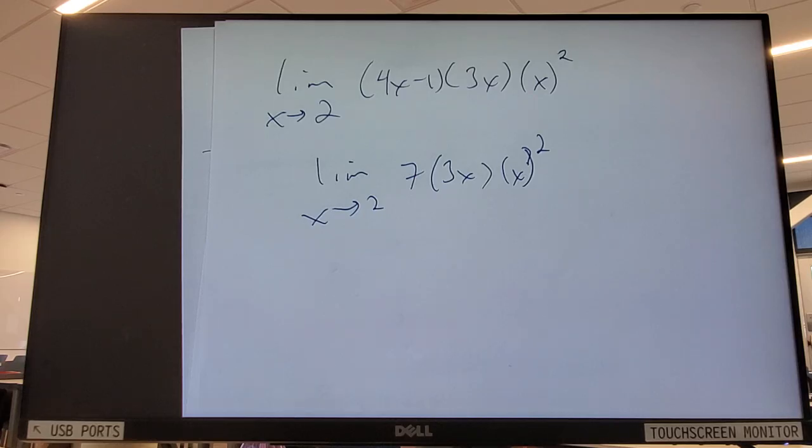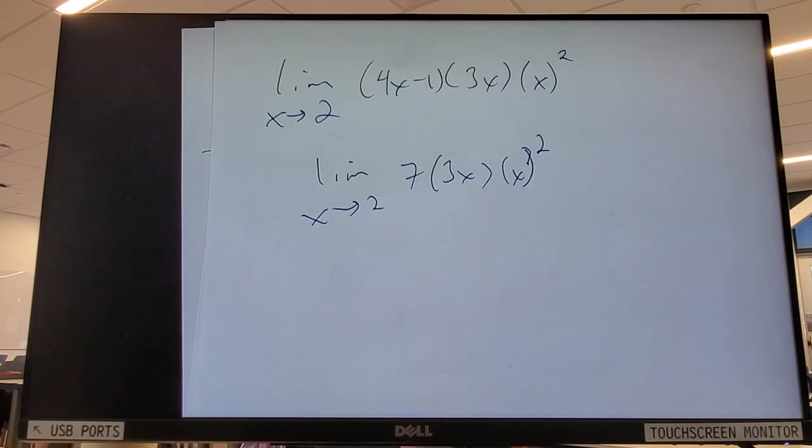Because now I can just plug a 2 in. Now, some of you are like, just plug a 2 in everywhere, Jeff. My point is, could I do this if for some reason I wanted to? You with me? Yeah, I could. Because the limit of the product of continuous functions is the limit of each function individually multiplied. So if you have continuous functions, you could do all kinds of things with the limit.